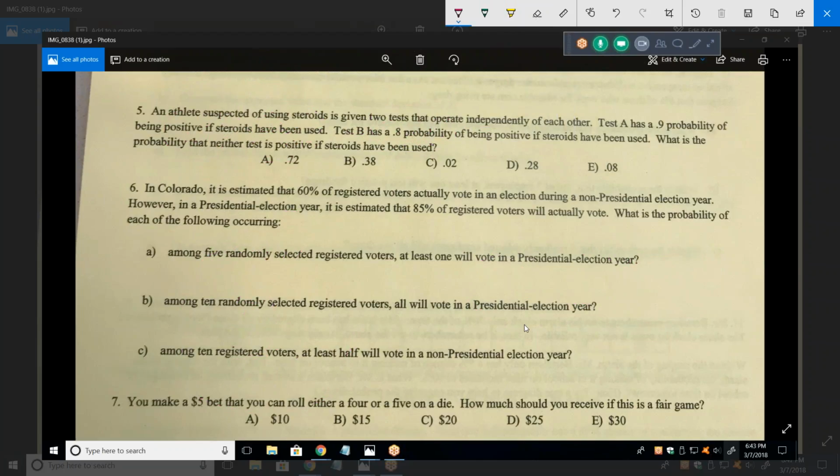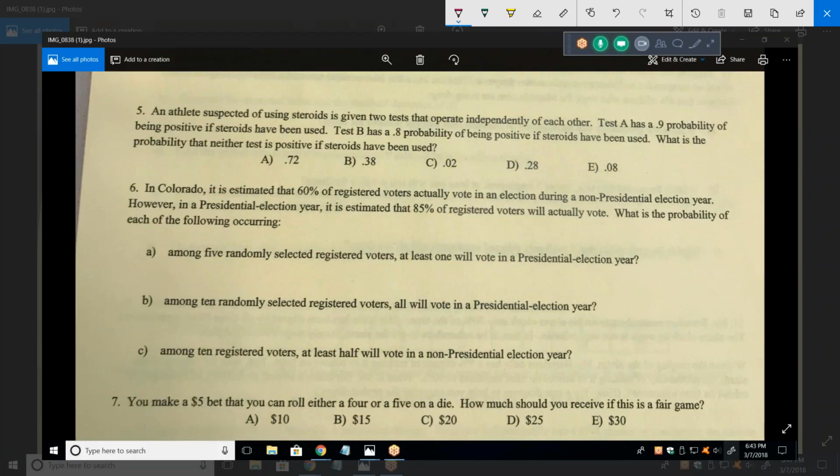All right. Number 6. I think I can do that without scrolling down. It's estimated 60% of registered voters actually vote during a non-presidential election year, like this year.